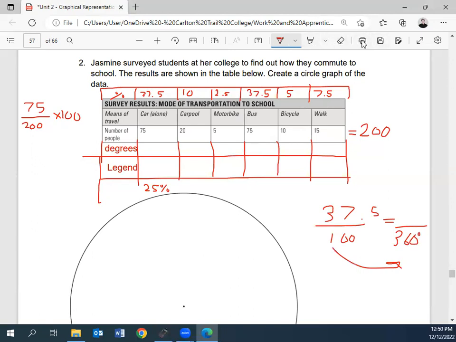The second thing that you could do instead, if you're good with numbers and you understand where I'm getting these from, this one right here is 37.5. Can't I just take 37.5%, which is this in decimal form, right? And times that by 360. Again, you don't need to write this down.